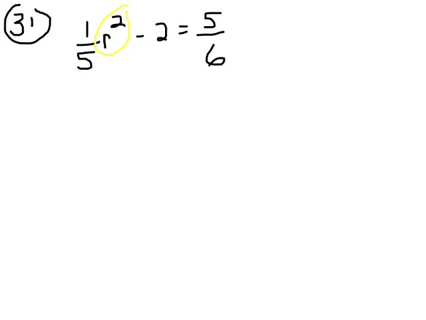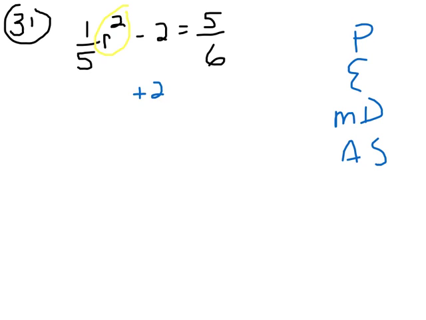What should I do? If I'm solving, I do PEMDAS backwards. Am I going to add and subtract first, or am I going to get rid of that 1/5 first? Add and subtract. Yeah, we always think if we're doing PEMDAS backwards, right? If I do PEMDAS backwards, I'm going to add 2 to each side.